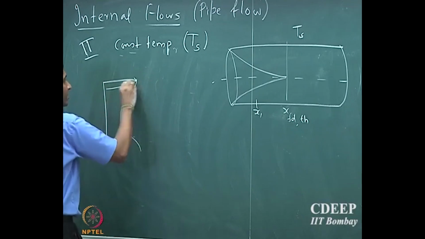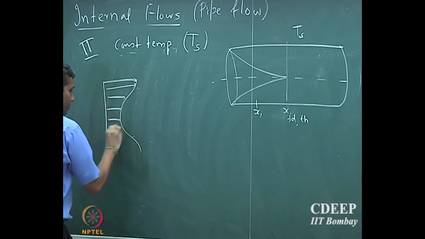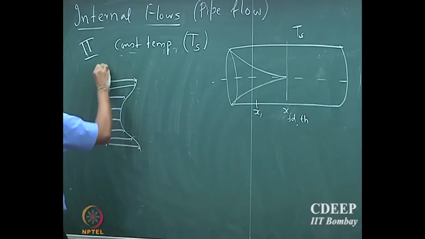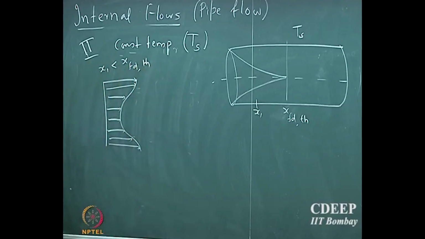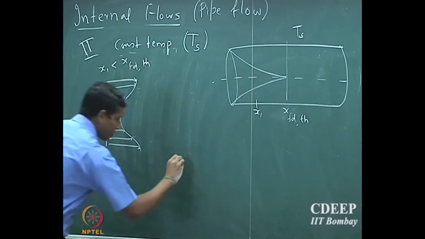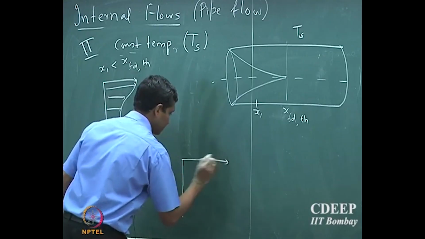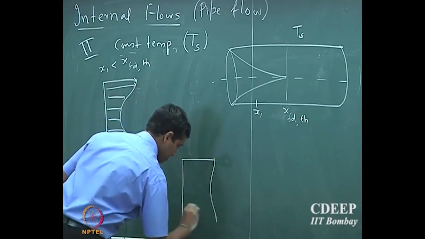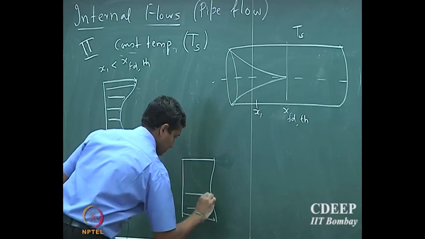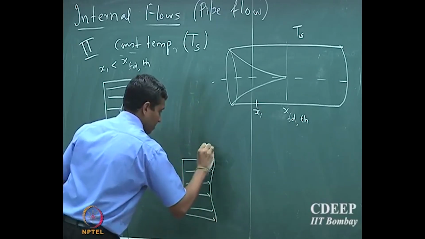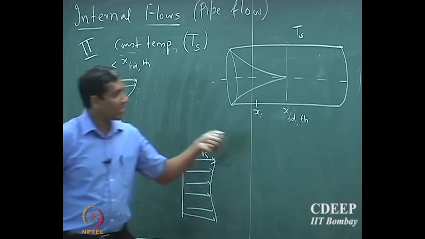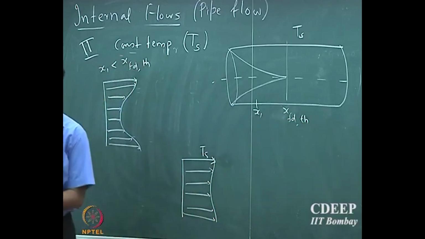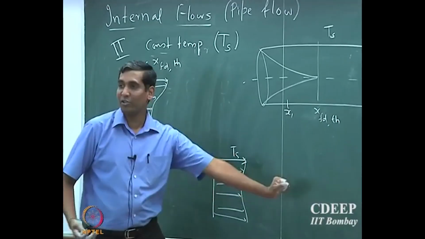So that is a constant temperature. So this is at position x1, which is less than the fully developed regime, and if I look at the profile at the fully developed regime, so once again that is a temperature of the surface, and as you go past into the pipe, there will be continuous transport of heat from the wall to the fluid, and so there will be a change in the temperature profile.